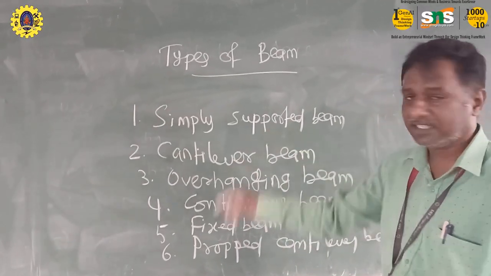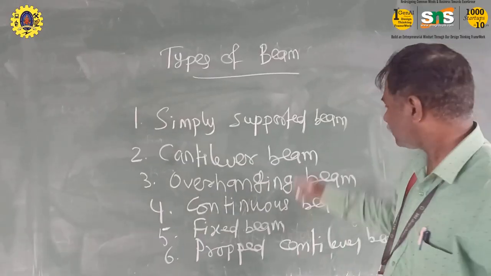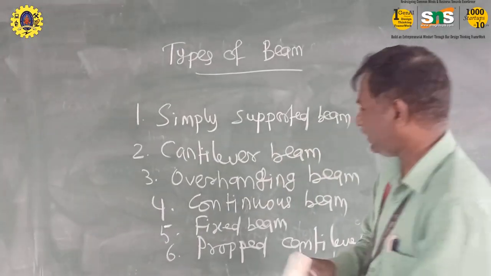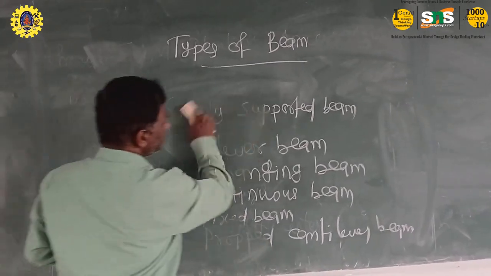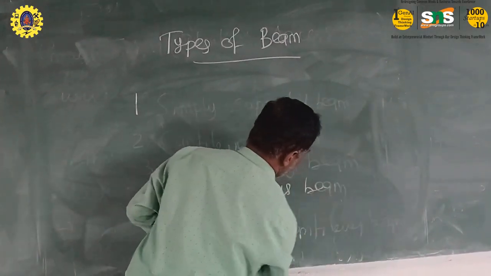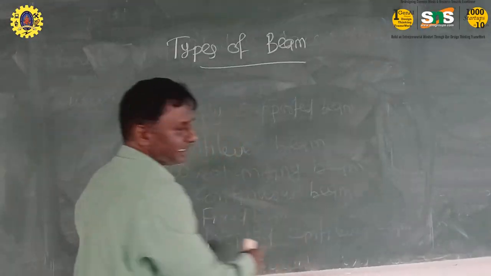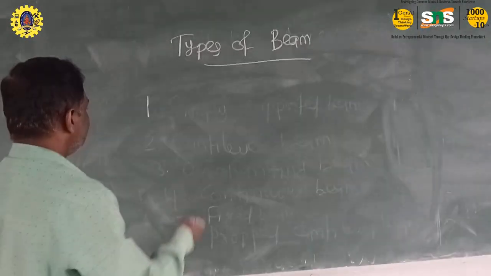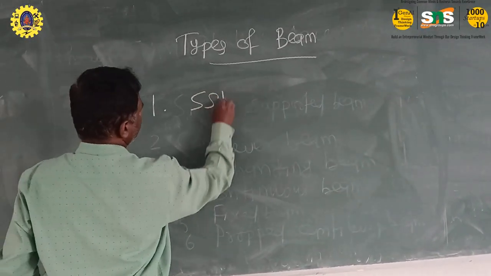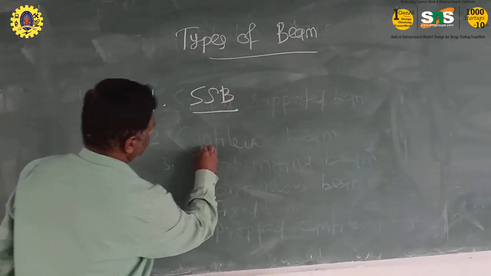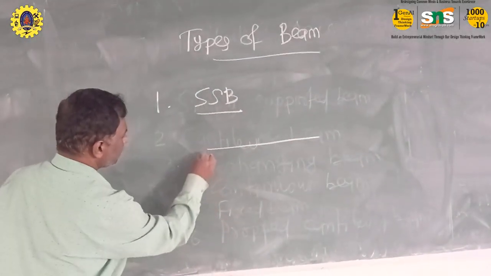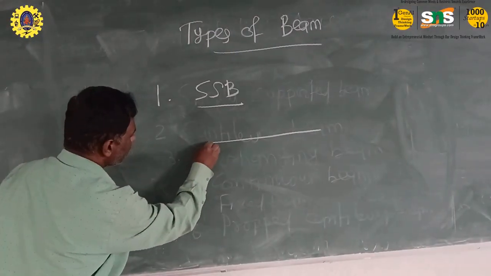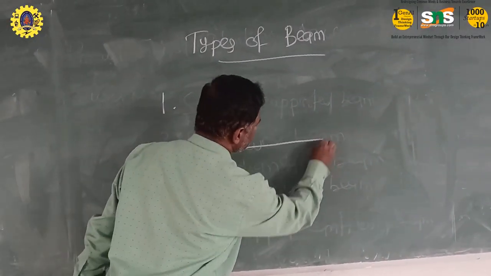First, we should know what a simply supported beam is. I will repeat it one by one. The simply supported beam, abbreviated SSB, is a horizontal member called a beam, which has a support here as well as here.